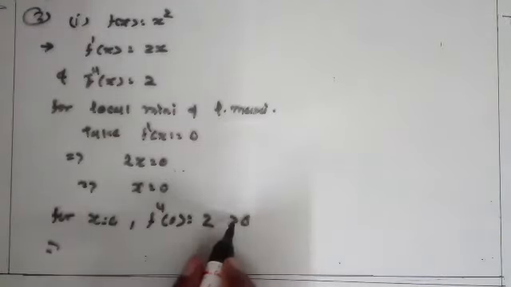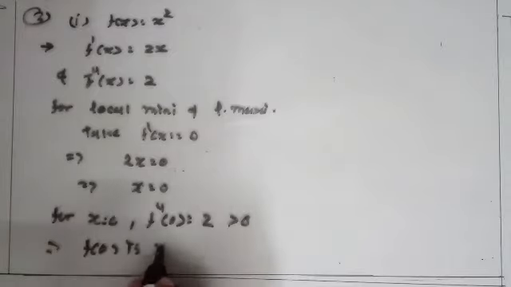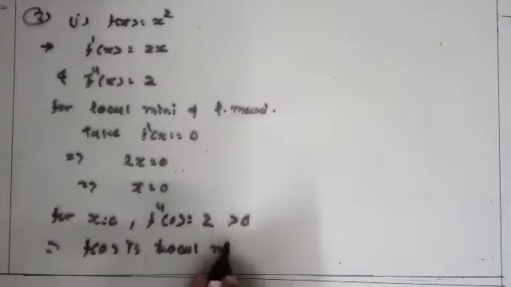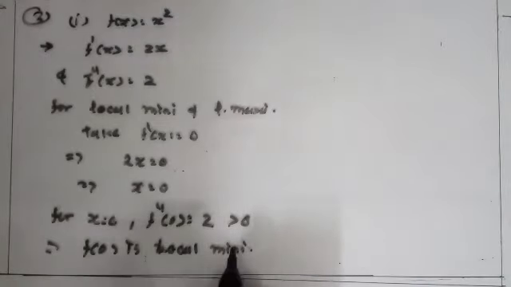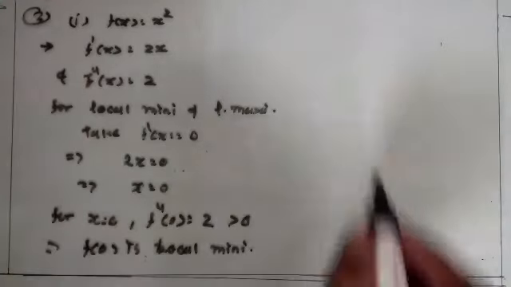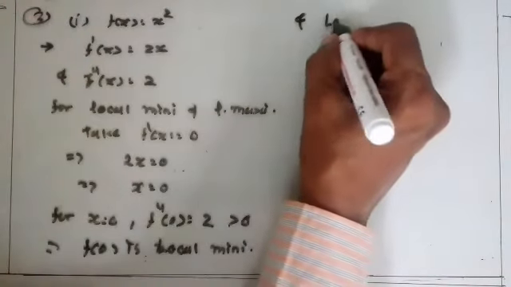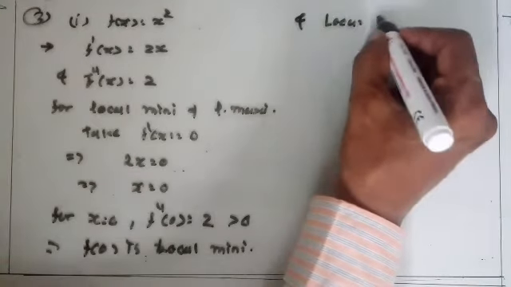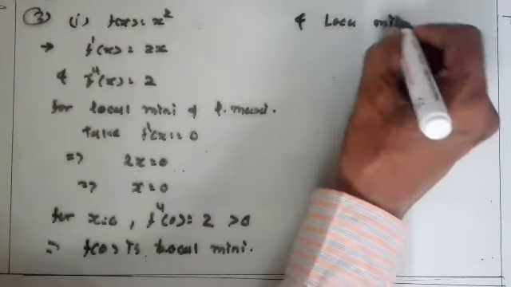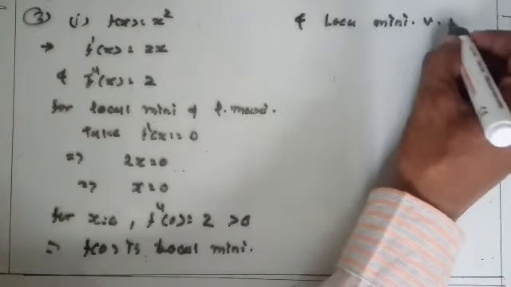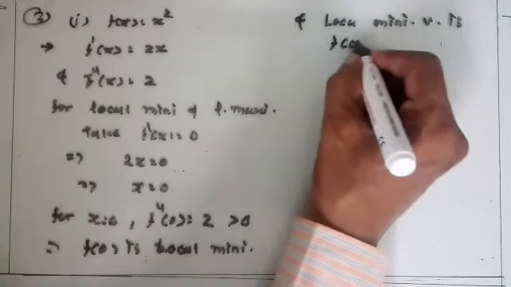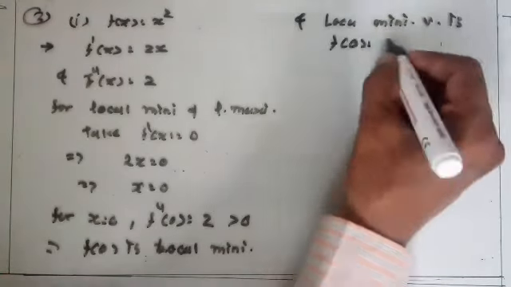That means f(0) is a local minimum. Clear? You know that second derivative greater than 0 means a local minimum, and the local minimum value is f(0) is equal to 0. Clear? Local maximum value not given.